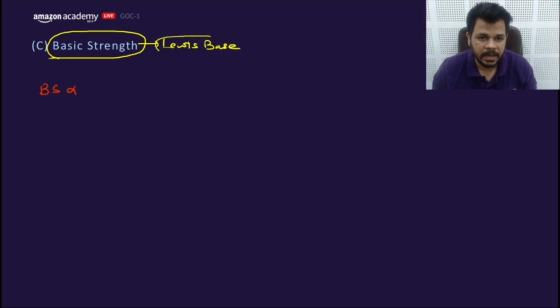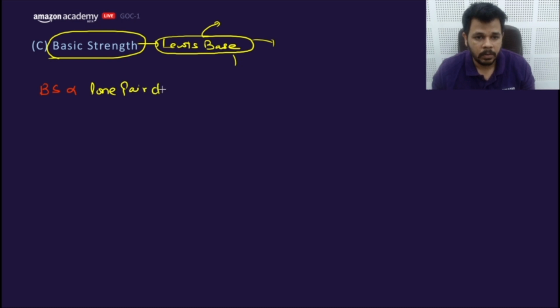So if I say base in organic chemistry, you will understand it as Lewis base, directly proportional to lone pair donating ability. In other beautiful ways, we can say instability of lone pair. Mark my words, instability, not stability of lone pair.